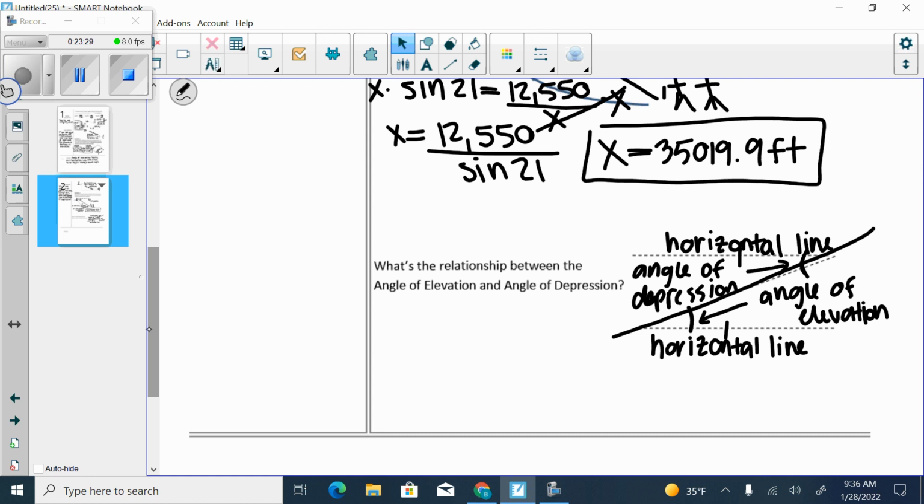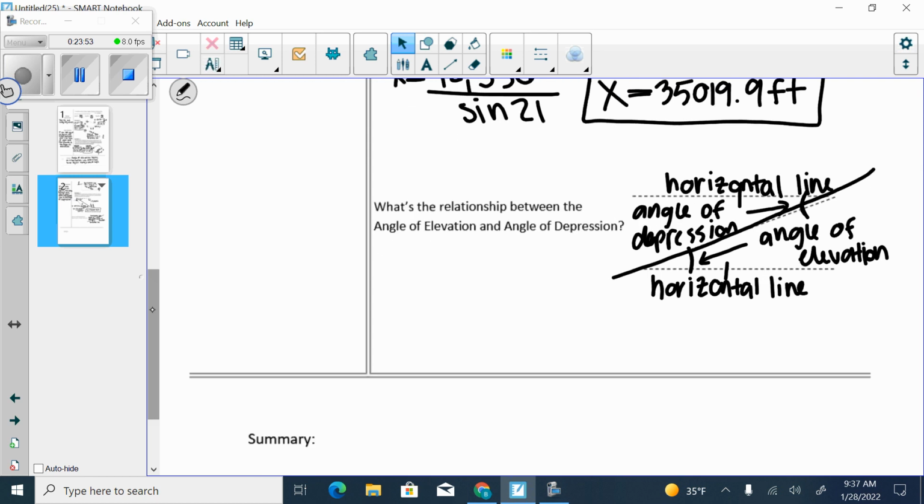What do we know about alternate interior angles? They are congruent, right? So, if you have somebody standing up here looking at the same item or same object that you are, right, then your angle of elevation and angle of depression should be the same, right? So that's what we're going to write underneath here, okay?